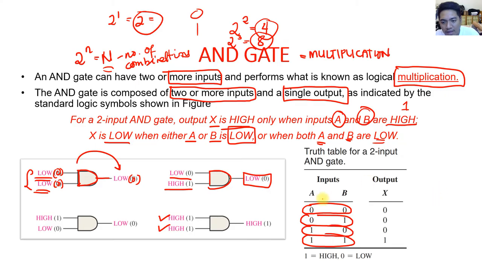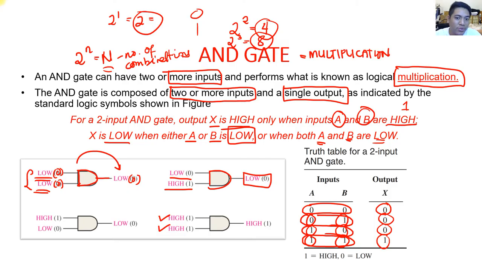If you have A and B as 0, 0, the output will be 0, because 0 times 0 would be 0. And if you have 0 and 1 as the input, you still have 0, because one of your inputs is 0. And if you have 1 and 0, still your output is 0. And lastly, if you have both high, both logic 1, that is the only time that the output will be 1. Alright? So that is the AND gate.